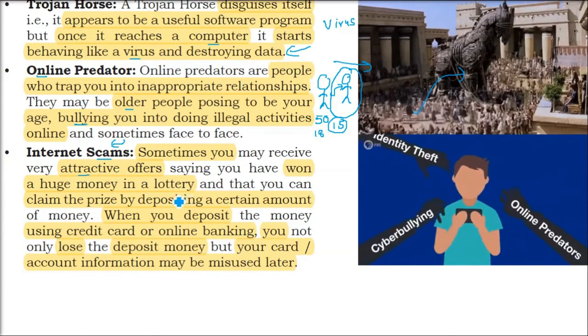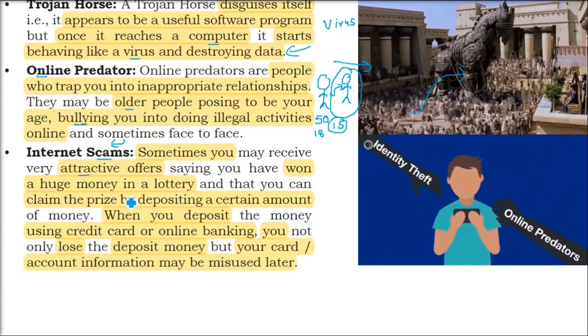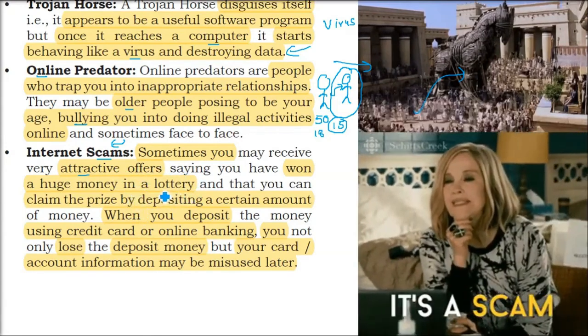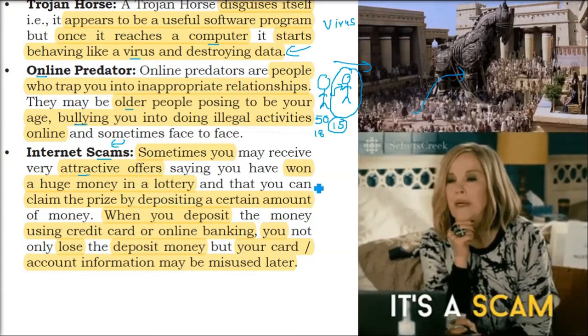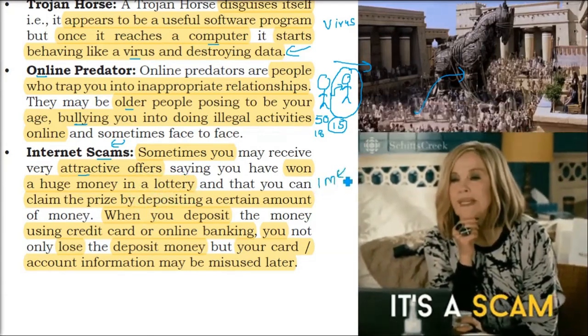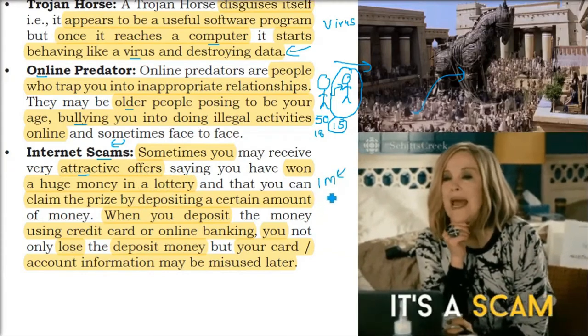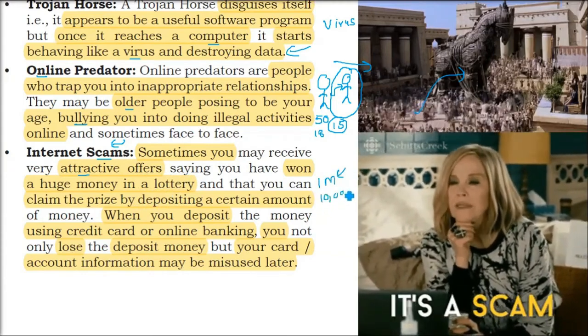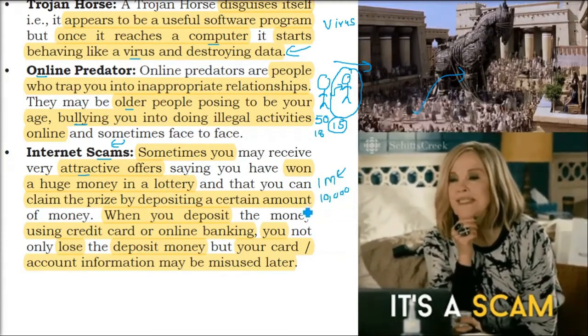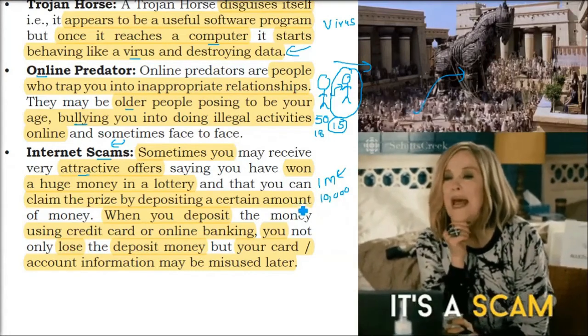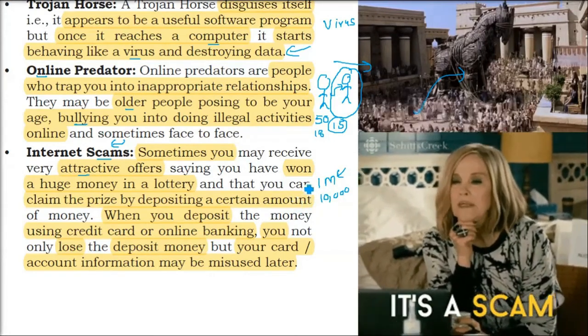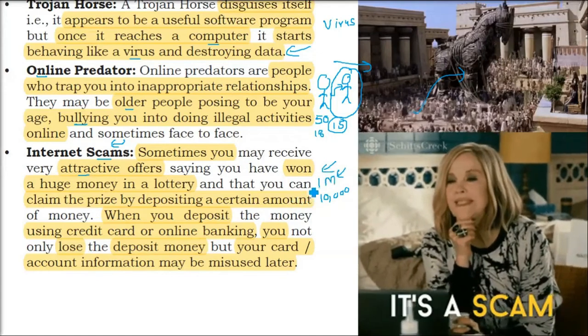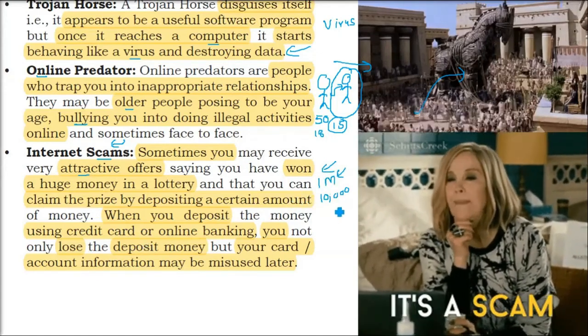These attractive offers say that you have got a huge amount of money or even that you have won a lottery. What will you do? If you're getting $1 million just for, say, $100 or $1,000, you will pay the money to claim the prize. You will deposit the money in their account without even knowing that this is a scam.